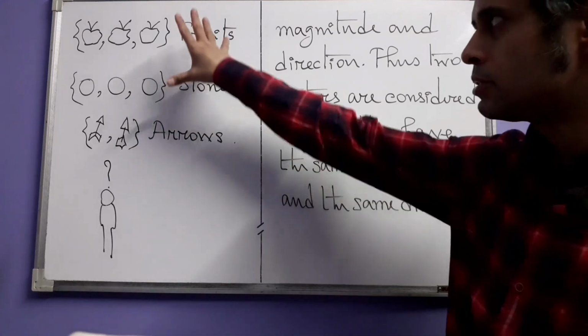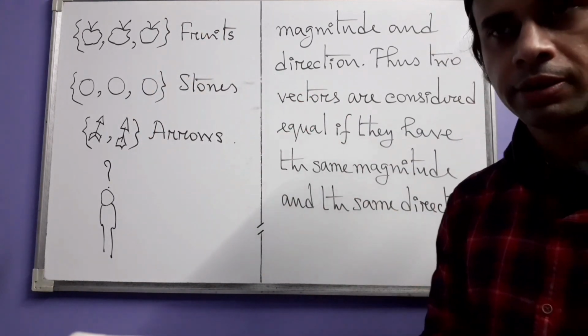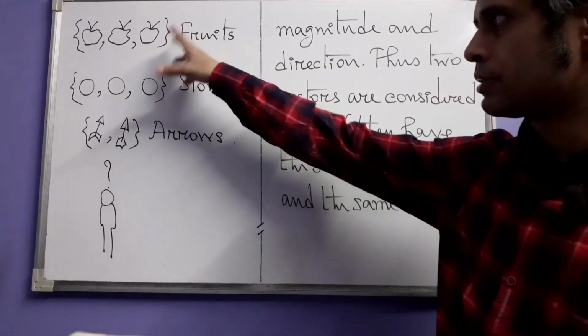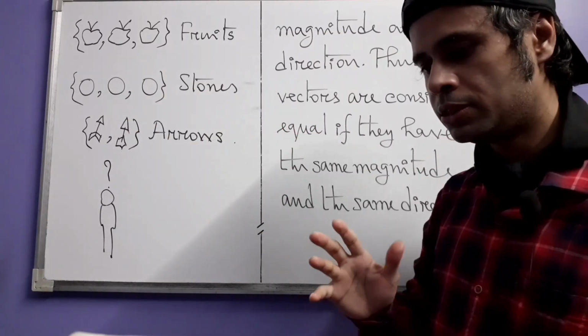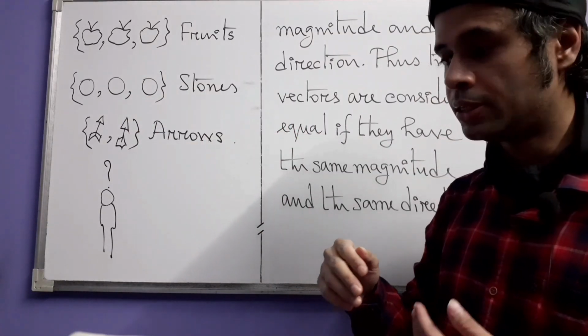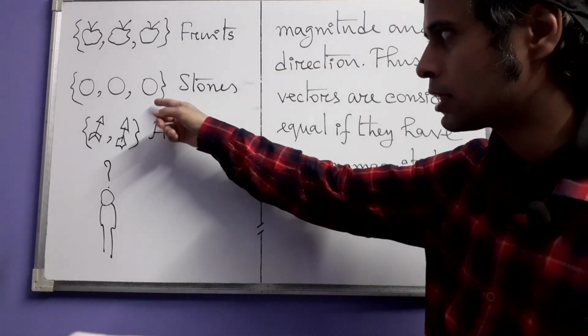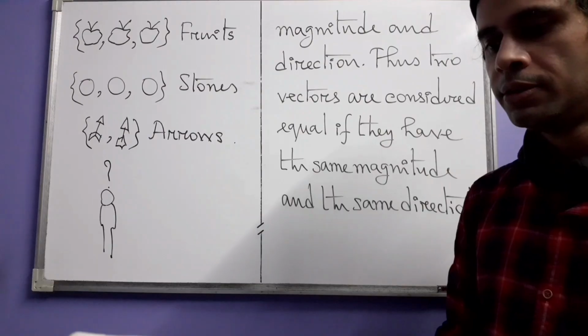These things are concrete things, things that we find in the real world. Fruits, stones, arrows, and their collections. There is a sameness which is not present when one looks at this set and this set, or for example at this set and this set.